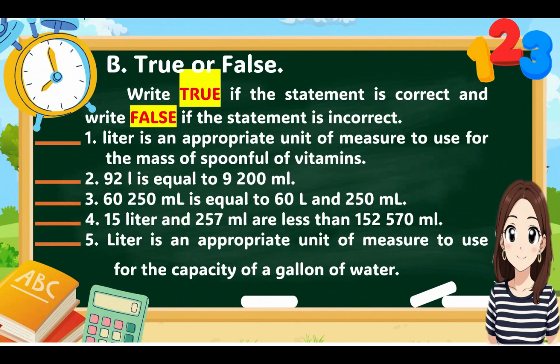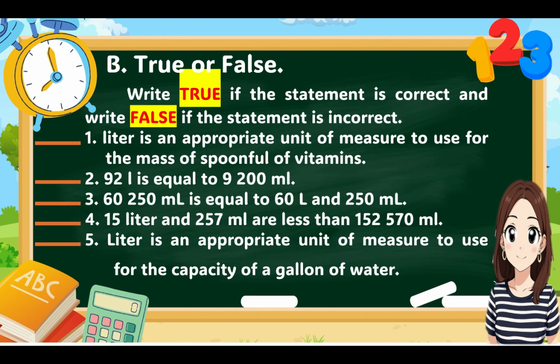Now let's answer whether true or false. Write true if the statement is correct and write false if the statement is incorrect. Number 1, liter is an appropriate unit of measure to use for the mass of spoonful of vitamins. Number 2, 92 liters is equal to 9,200 milliliters.